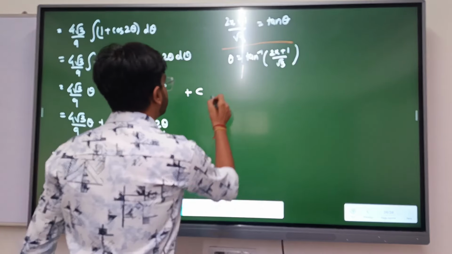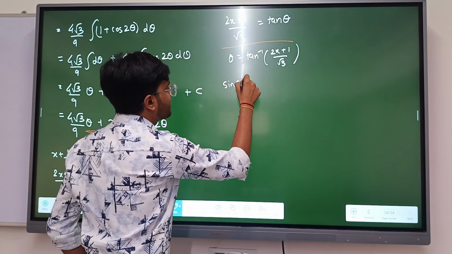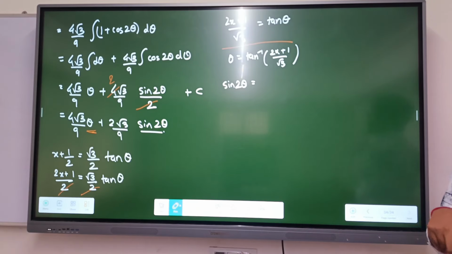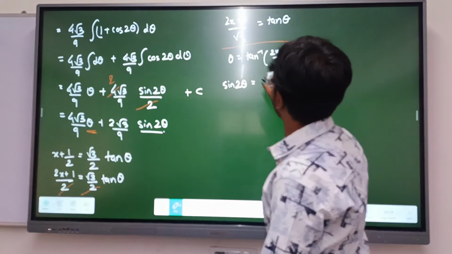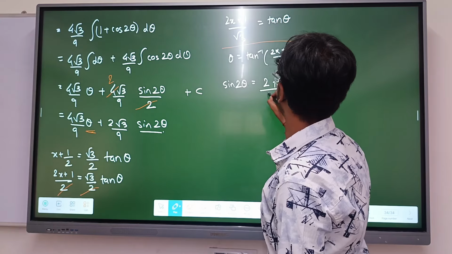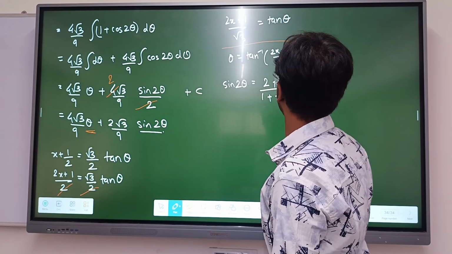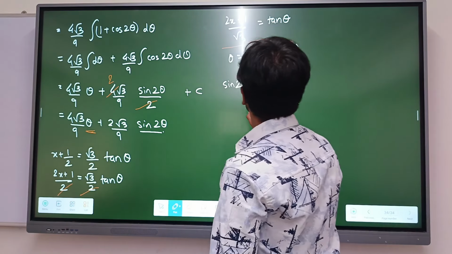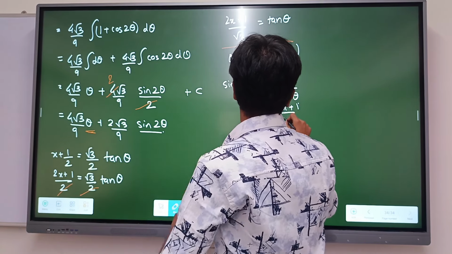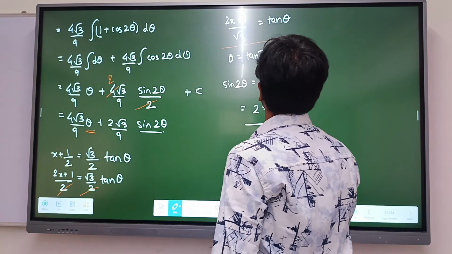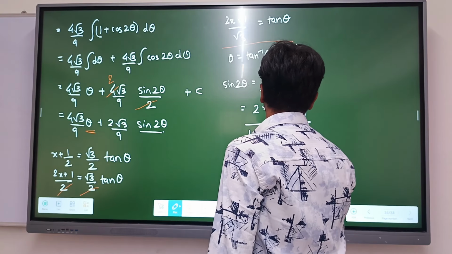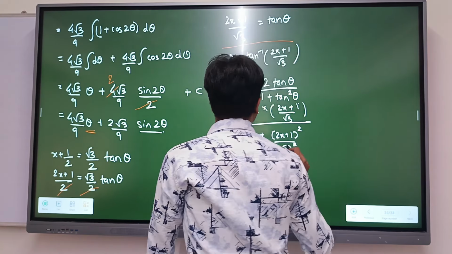Now we have sin 2 theta as well. What is sin 2 theta? We will get sin 2 theta in terms of tan theta, as the formula of sin 2 theta in terms of tan theta is 2 tan theta by 1 plus tan square theta. Substitute here. So I'll get 2 into (2x plus 1) by root 3 divided by 1 plus ((2x plus 1) whole square divided by root 3 whole square).